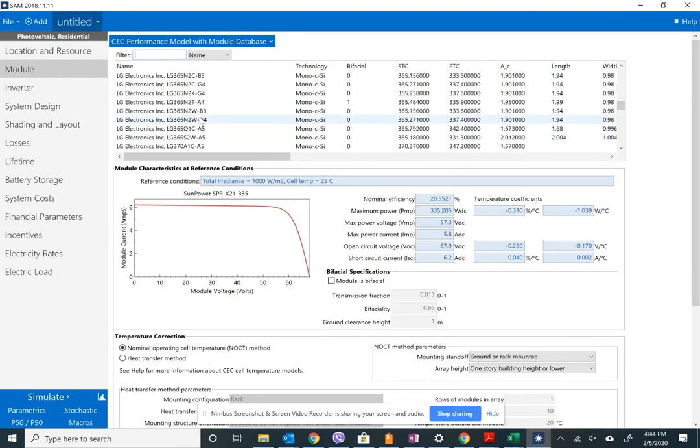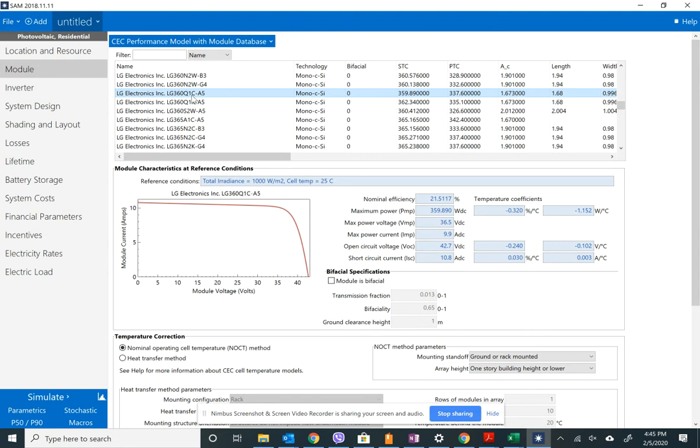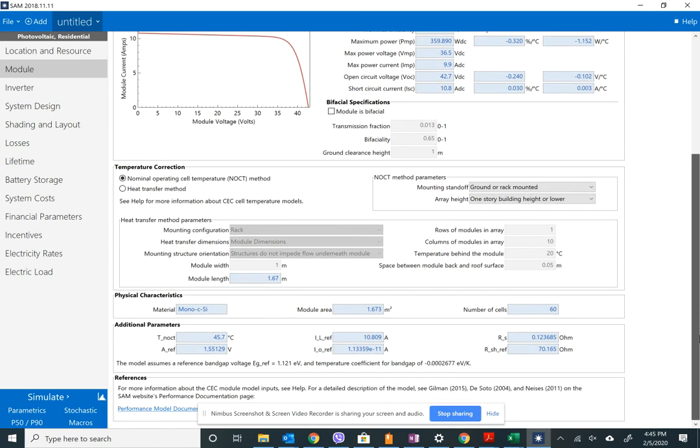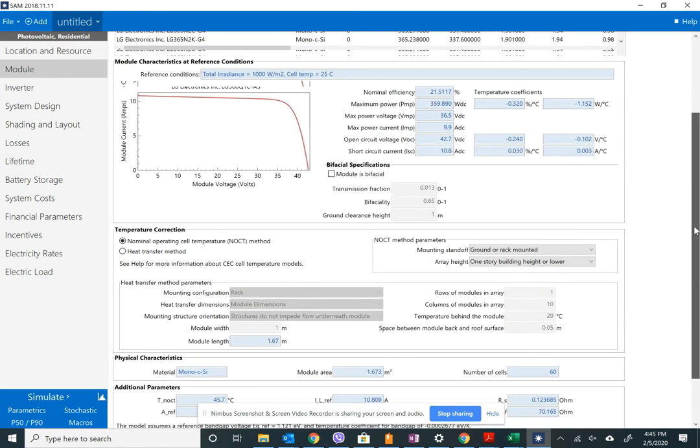Is it? Oops. This one. That guy. Okay, so at this point I would click on this and make sure that these match up with what I have in the spec that I was using. But you can see all these are here. This is your IV curve here. And then down here at the bottom, we don't really need to change anything. So we're fine with that.